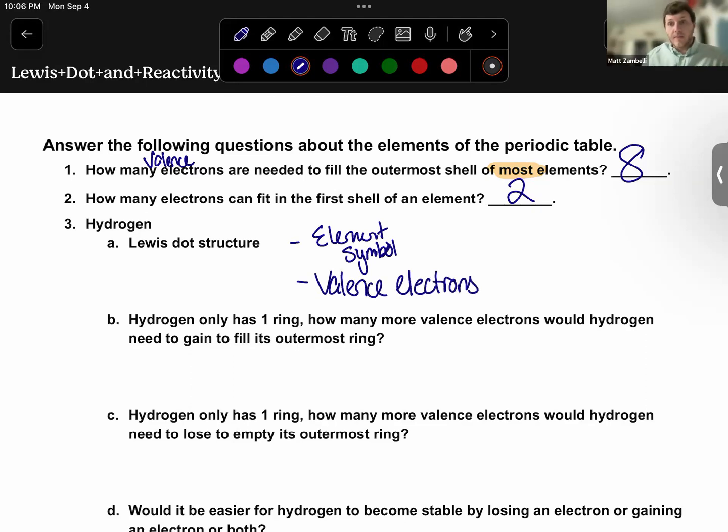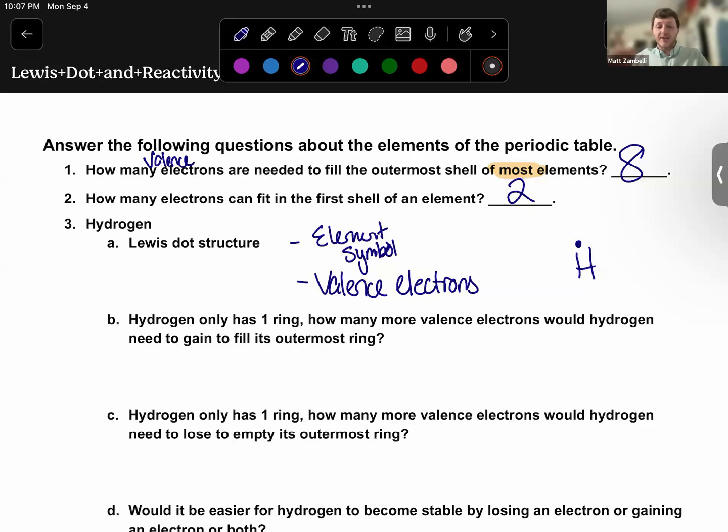The element symbol for hydrogen, because it's the first element, is H. And because the first element only has 1 electron, and that 1 electron is its valence electron, or its outermost electron, we're just going to put 1 dot right above that hydrogen and call it a day.